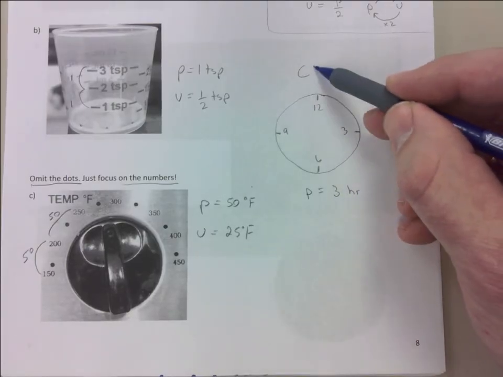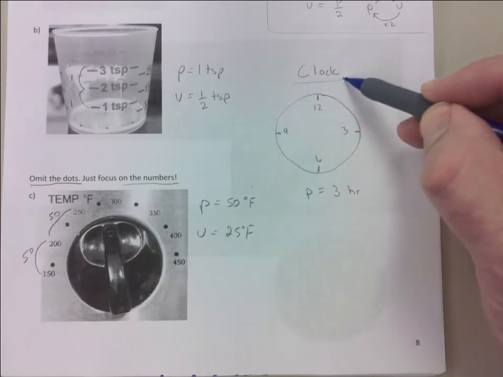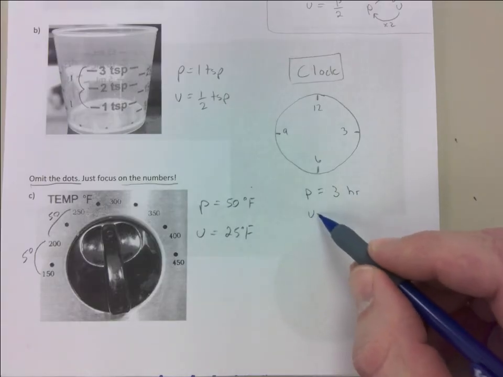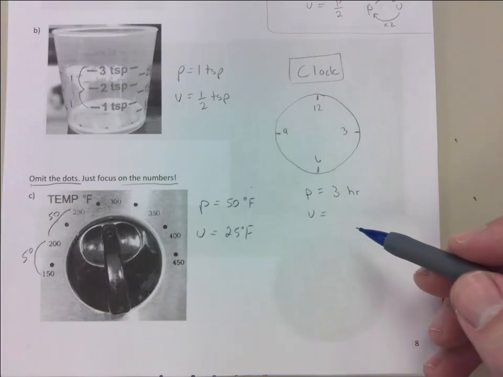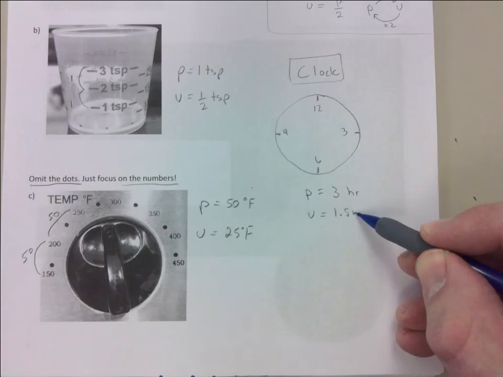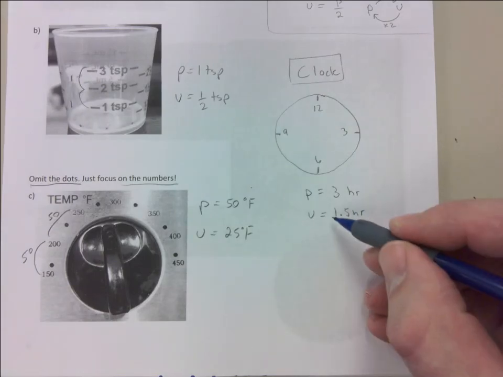Write down clock because you're like, what is that? Never seen something like that, right? That's a clock. I don't know, these days we all have our phones. We don't even use those anymore. 1.5 hours would be your uncertainty, right? Plus or minus.